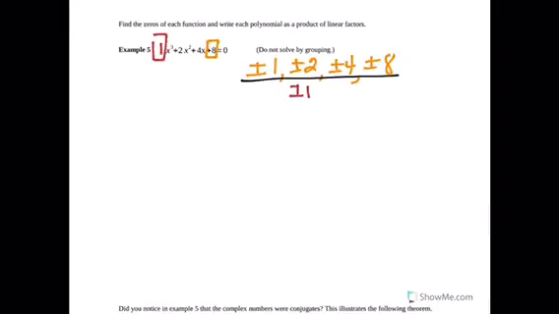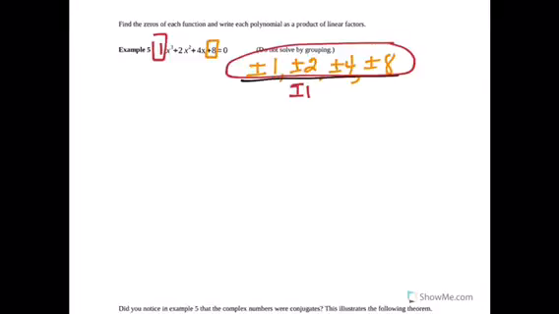All right, find the zeros of each function and write it as a product of linear factors. So again, first, let's look at the factors of 8. That's the numerator. Then we're going to look at the factors of the leading coefficient, which is just a 1. That means that this is my list of factors.